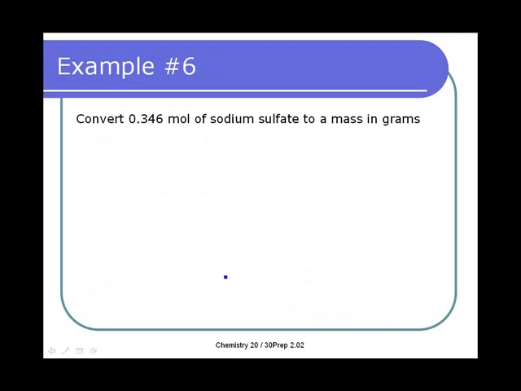So here we're given an amount of sodium sulfate. So we have the number of moles of sodium sulfate. We want to find the mass in grams. Sodium sulfate is Na2SO4.